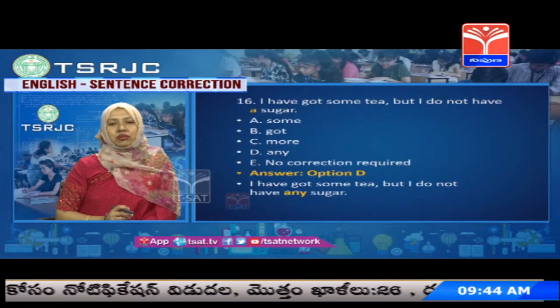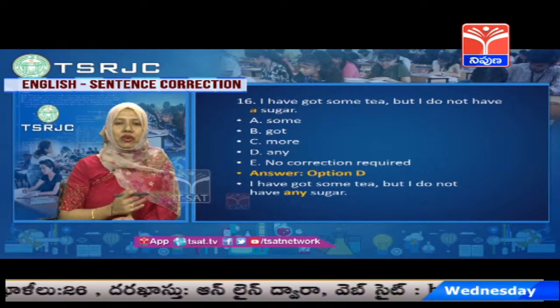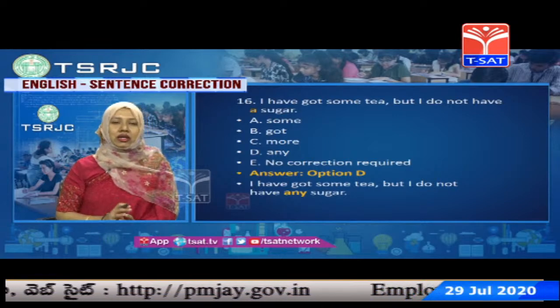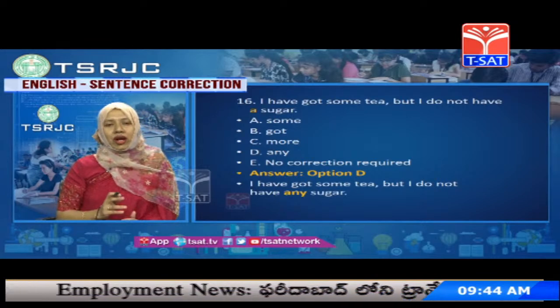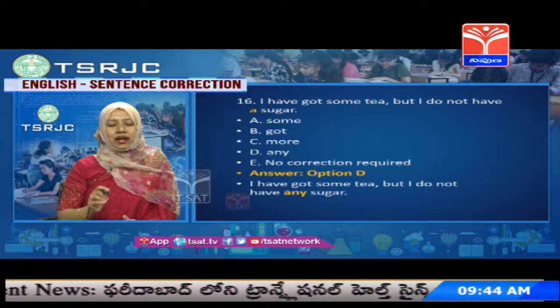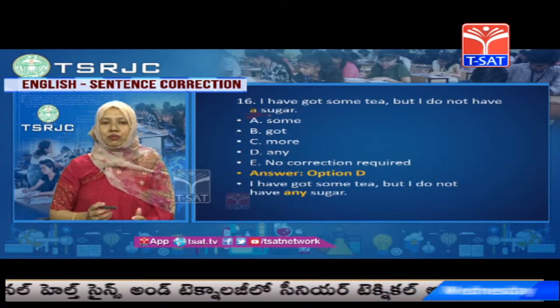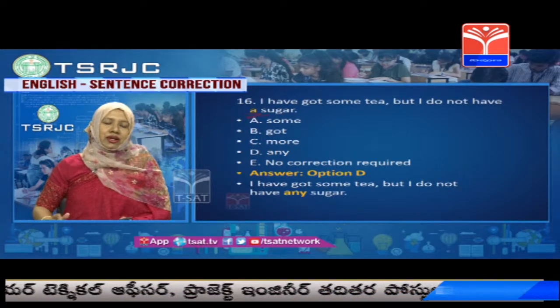I have got some tea, but I do not have a sugar. In the previous episode, we discussed countable and uncountable nouns. If you look at the sentence, the highlighted word is used before sugar. We have discussed that sugar cannot be counted, it can be measured.